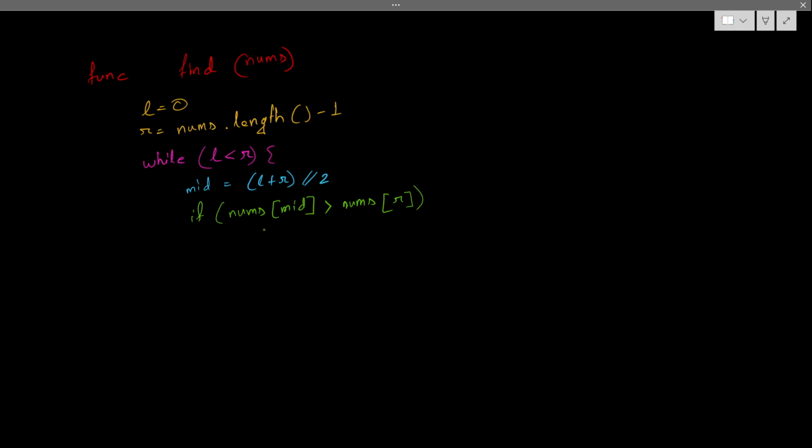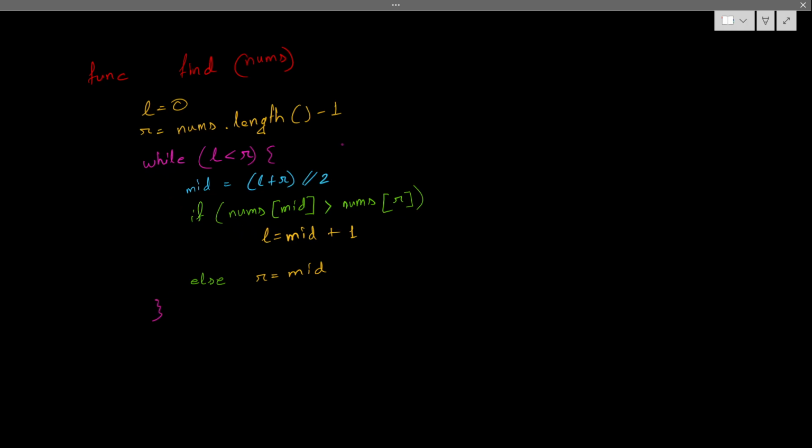So I'll simply do L equals to mid plus 1. And the other case, else, I'm writing else because it says all elements are unique. There is no point of writing an equal symbol. If that is the case, then R equals to mid. So that is the case.